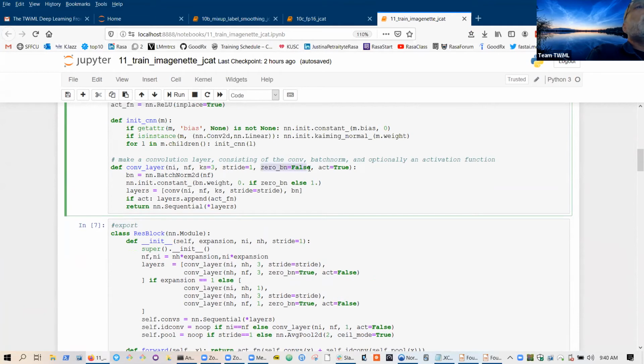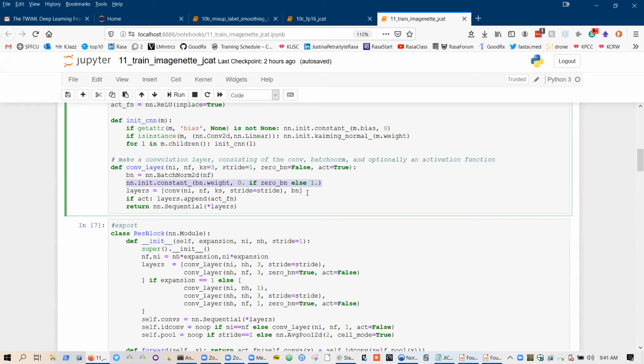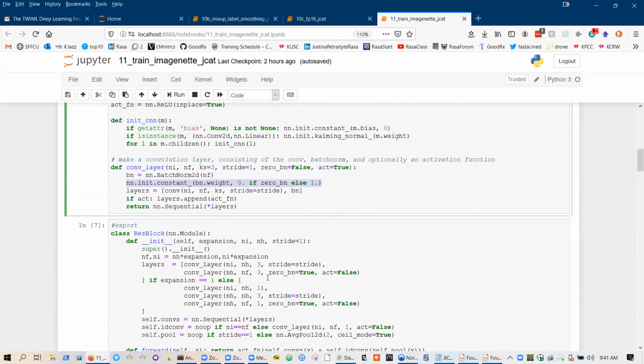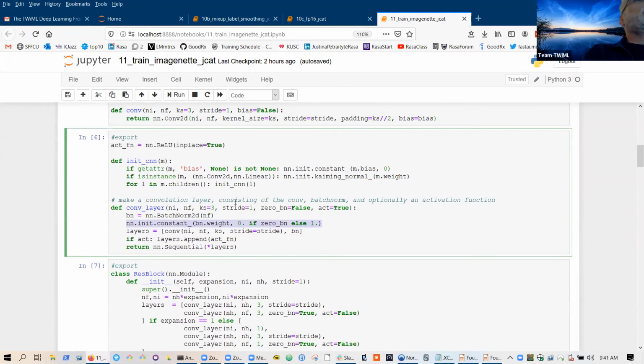So if zero_bn is true, he initializes the weights in the batch norm layer to zeros, and otherwise he initializes them to ones. This is one part that I don't understand why. And like you said, he said it's a great way to initialize, but I don't understand that.